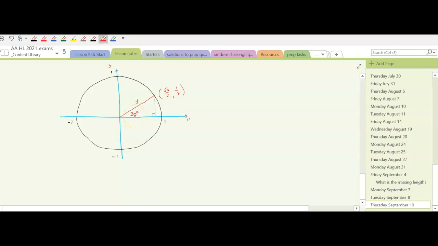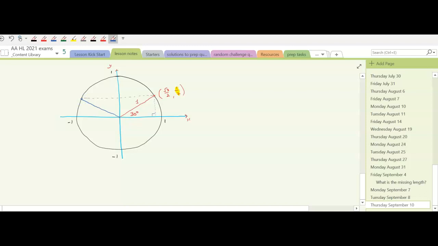Now, what we looked at in the lesson today was that this also opens up angles in other quadrants. So sine 30, a half, as a y coordinate also pops up over this side in the second quadrant as an obtuse angle.